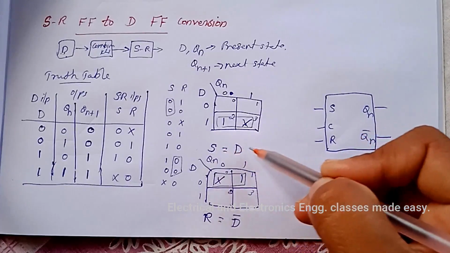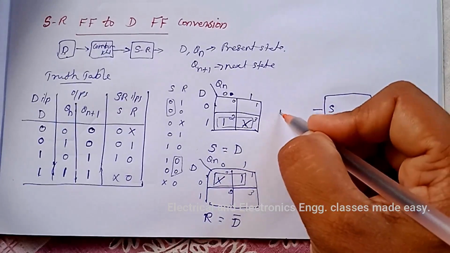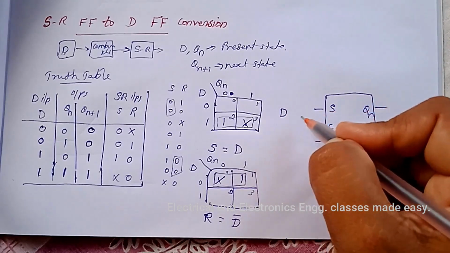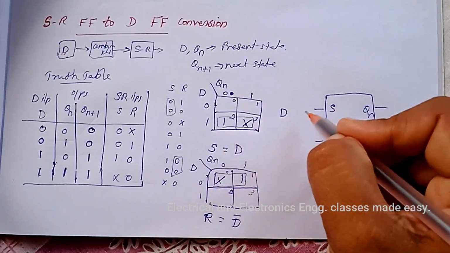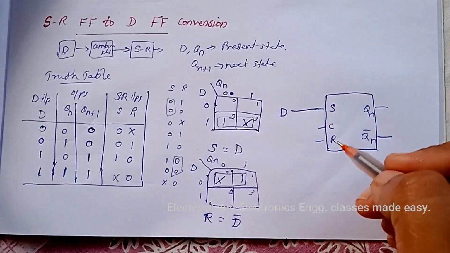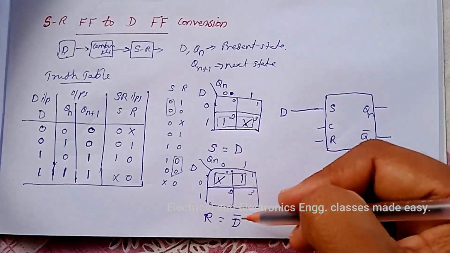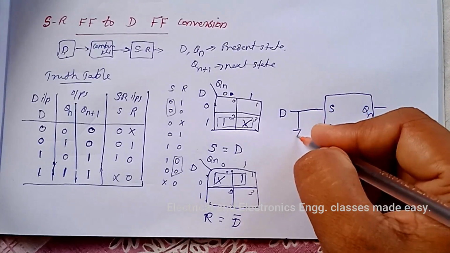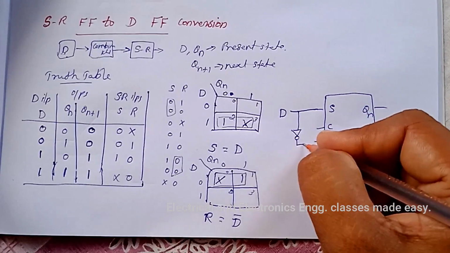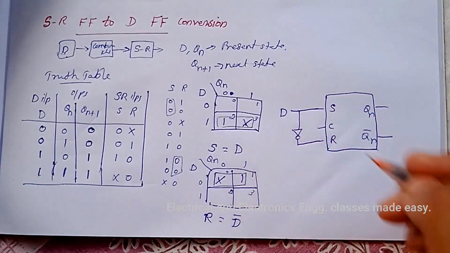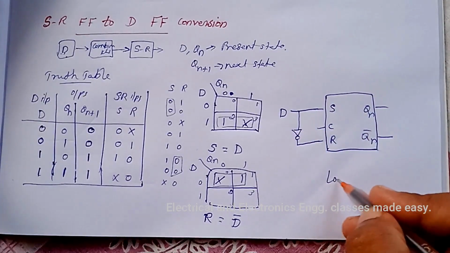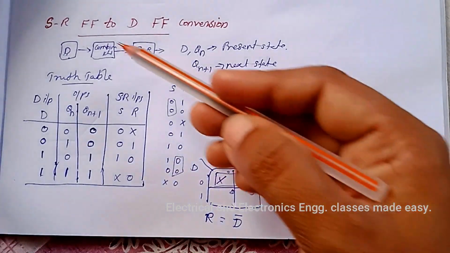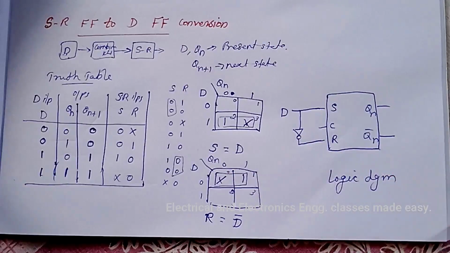Here S equal to D. So this is the external input or required flip-flop input D. So S equal to D we can draw like this. Next is R equal to D bar. That is, here there is one inverter. R equal to D bar. So this is the logic diagram for SR flip-flop to D flip-flop conversion.